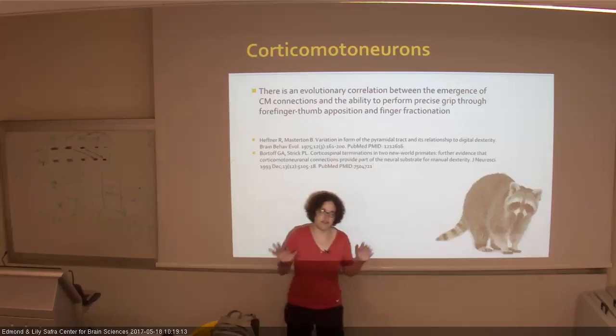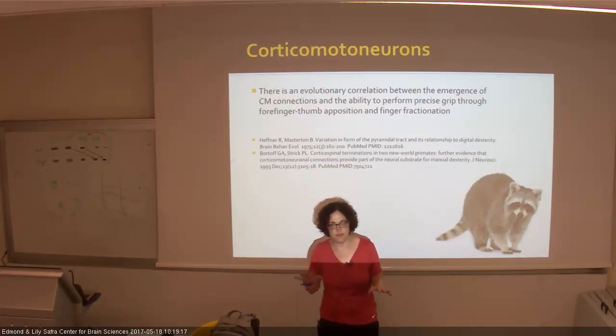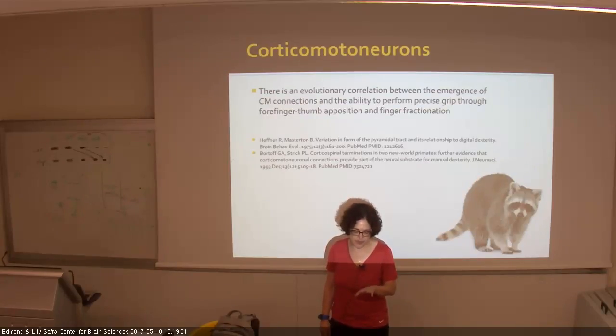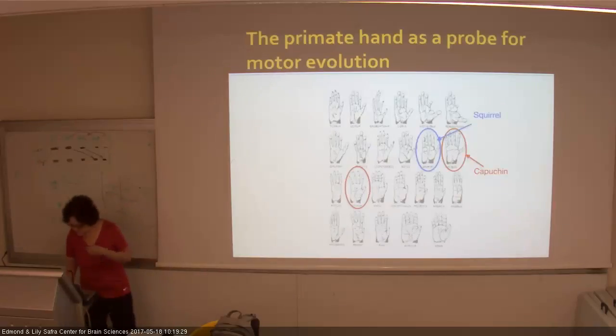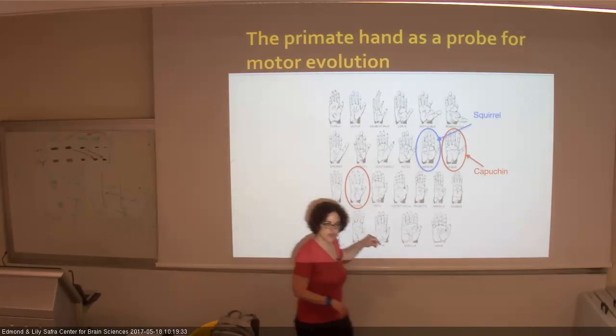We know, by correlating function and anatomy, that only animals that have cortical motor neuronal pathways have this independent finger movement. The other thing is we know that this is not the structure of the hand.